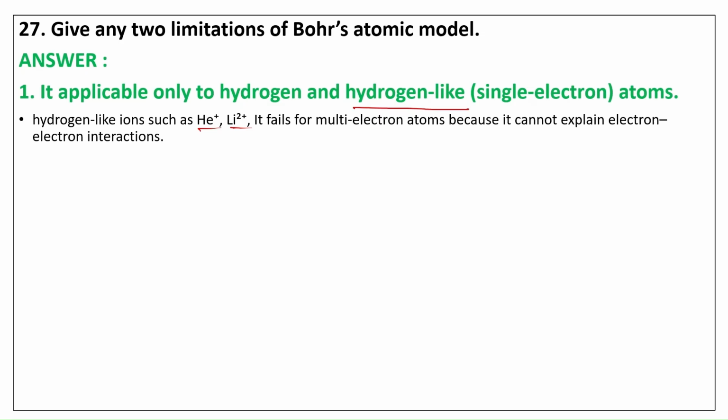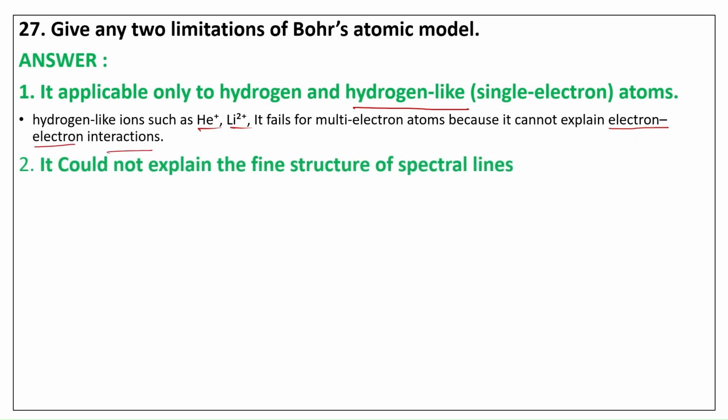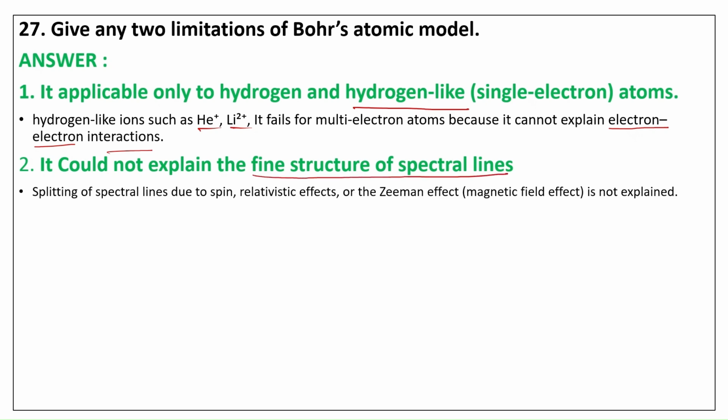It fails for multi-electron atoms because it cannot explain electron-electron interactions. 2. It could not explain the fine structure of spectral lines. Splitting of spectral lines due to spin, relativistic effects, or the Zeeman effect or magnetic field effect is not explained.